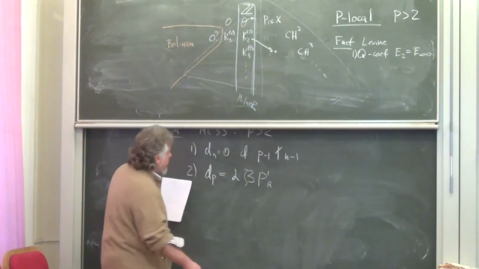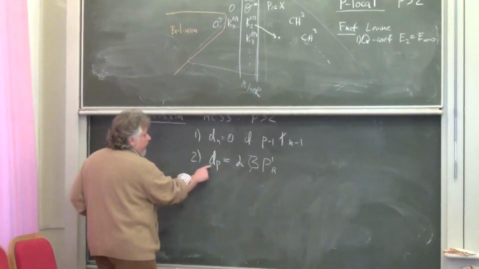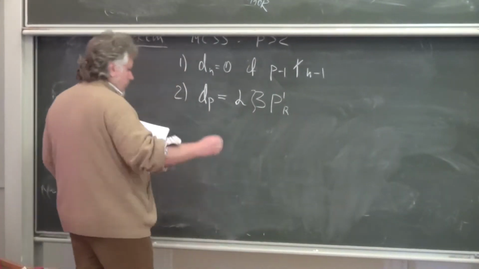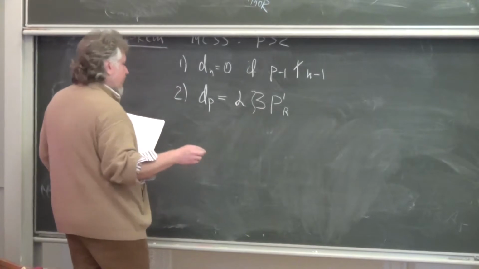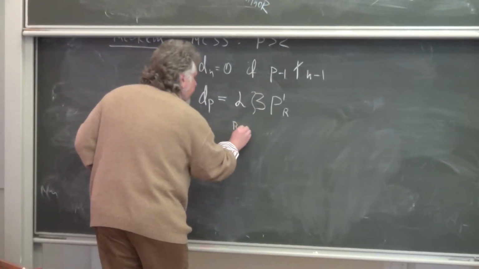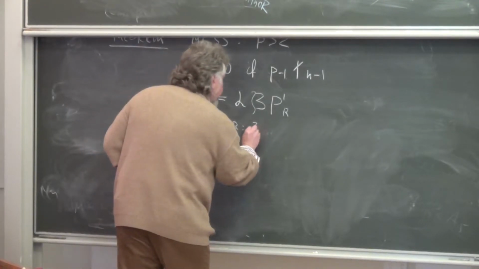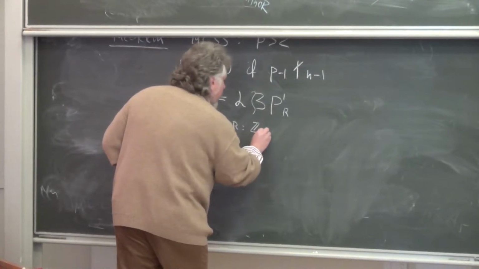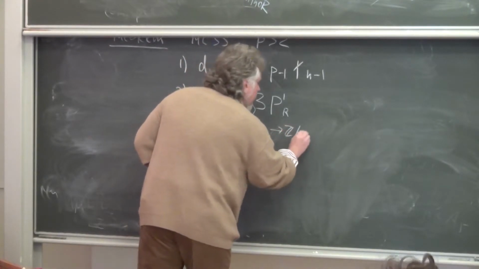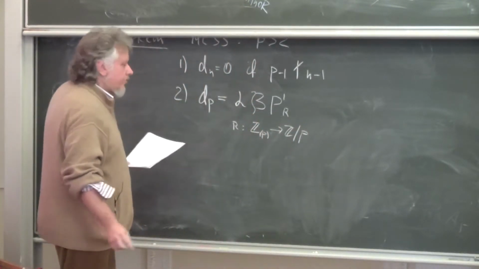So the first non-trivial differential has the following form. Let me just tell what all these letters are. R is just coefficient reduction. So we can go from p-local coefficients to Z over p coefficients.